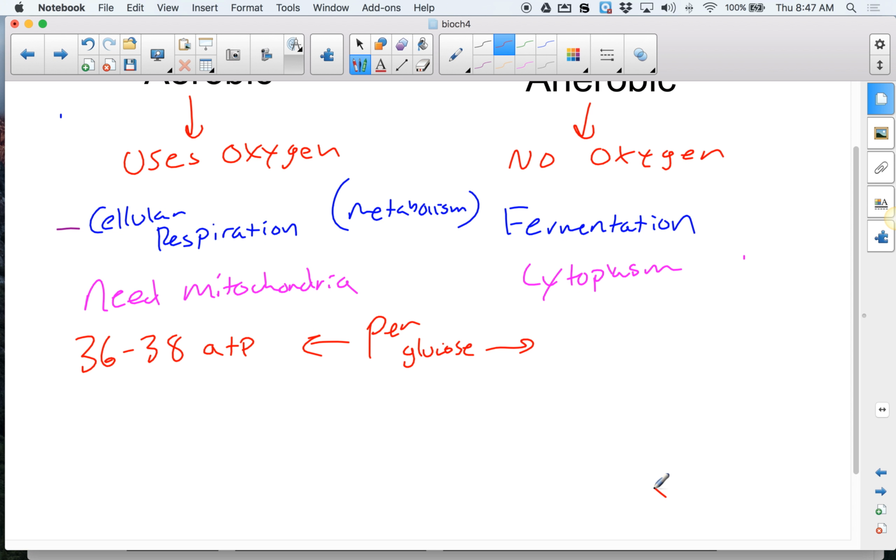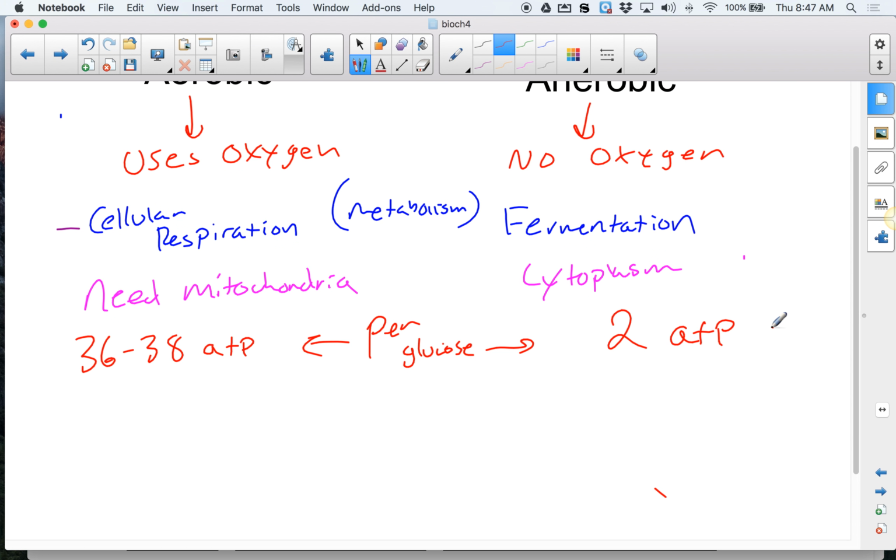Okay, what about an anaerobic process like lactic acid fermentation? How many ATP do you actually make per glucose? Just the two that come out of glycolysis. Okay, so which one's the most efficient? Aerobic respiration, but you have to have the oxygen.